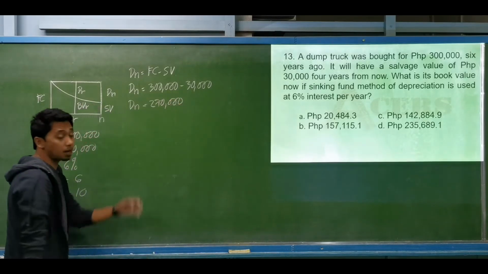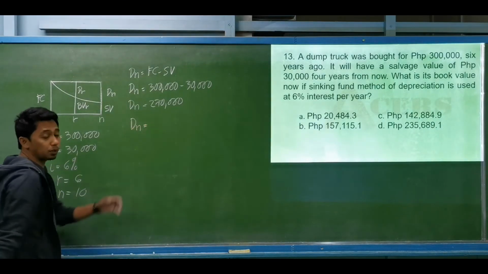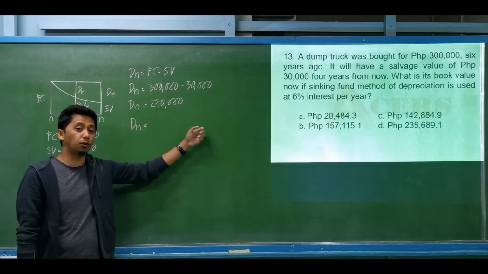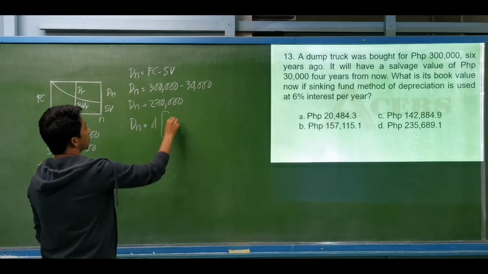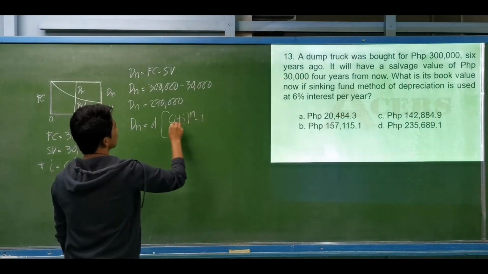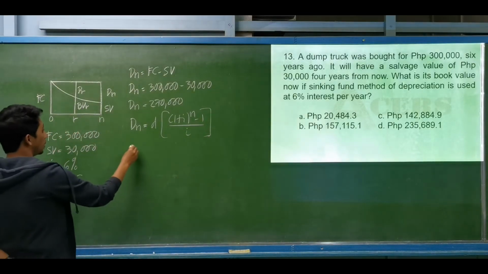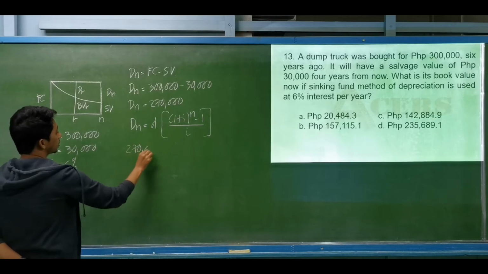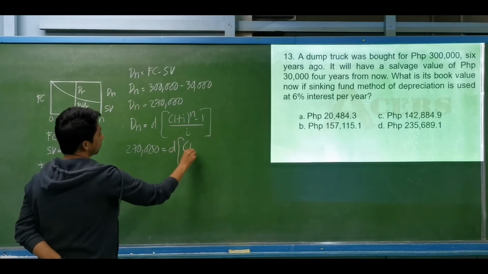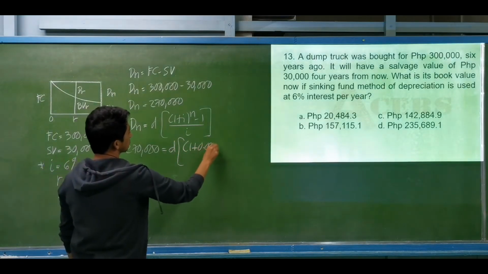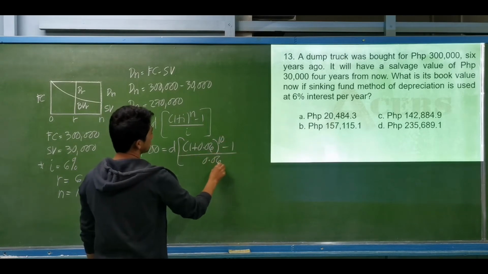We need to determine the uniform depreciation value. If you are using the sinking fund method, you have to recall the formula for the future amount of an annuity. That is d sub n equal to d, multiplied by 1 plus i raised to n, minus 1, divided by i. So d sub n is 270,000, equal to the uniform depreciation value multiplied by 1 plus 0.06, good for 10 years, minus 1, divided by 0.06.